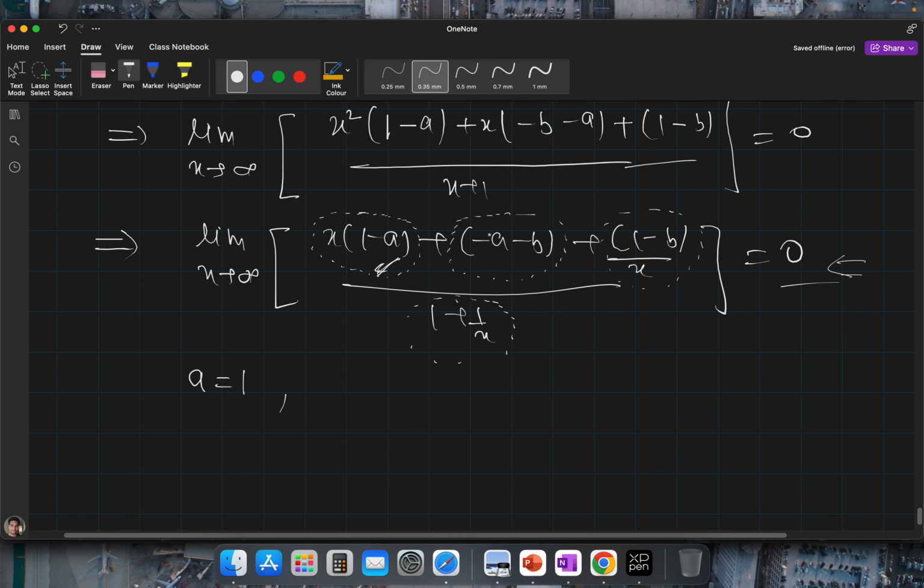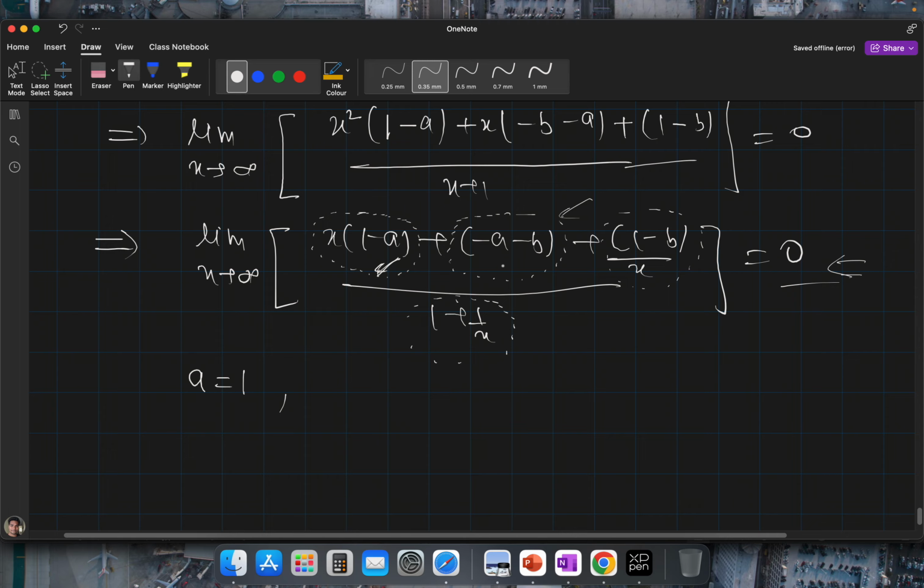This term should be equal to 0. You can see that this term also should be equal to 0. Otherwise, if it is not equal to 0, then it will leave a finite value other than 0, because this term is anyhow becoming 0 when x approaches infinity, but this term will remain, and that is not equal to 0.